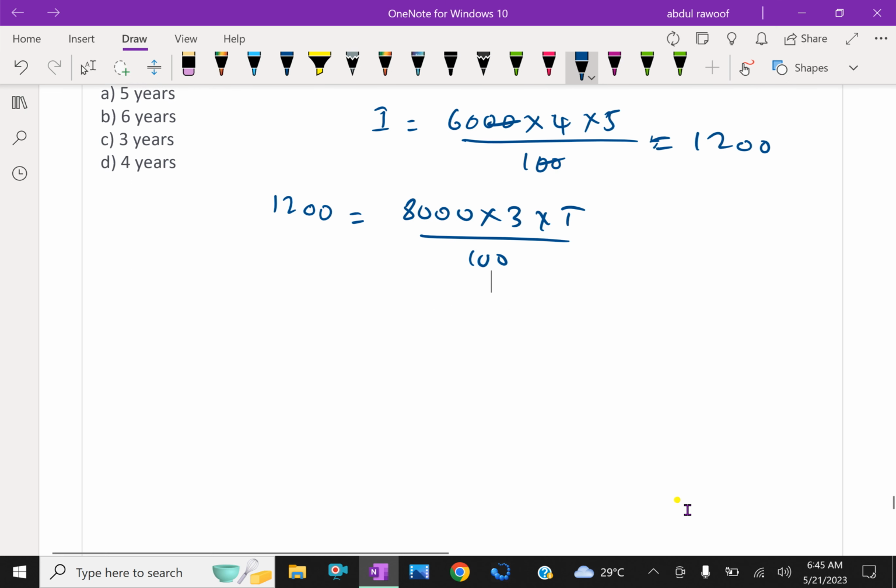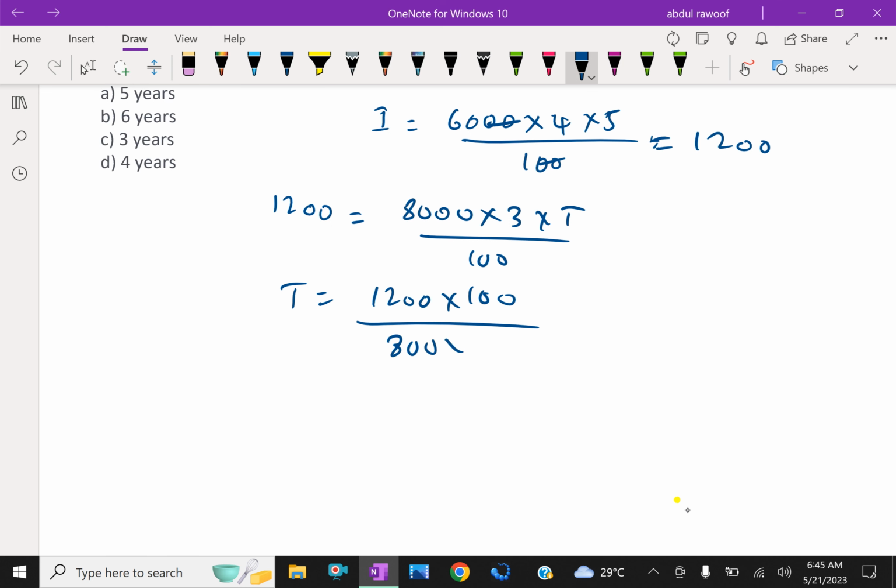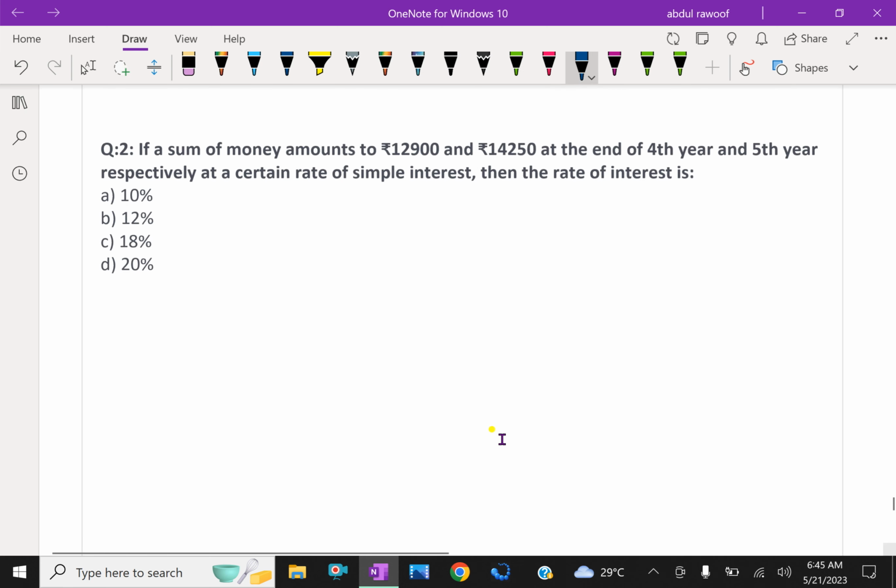From this we can get the time: 1,200, cross multiplication, 100 by 8,000 into 3, which gives 5 years. Option A.